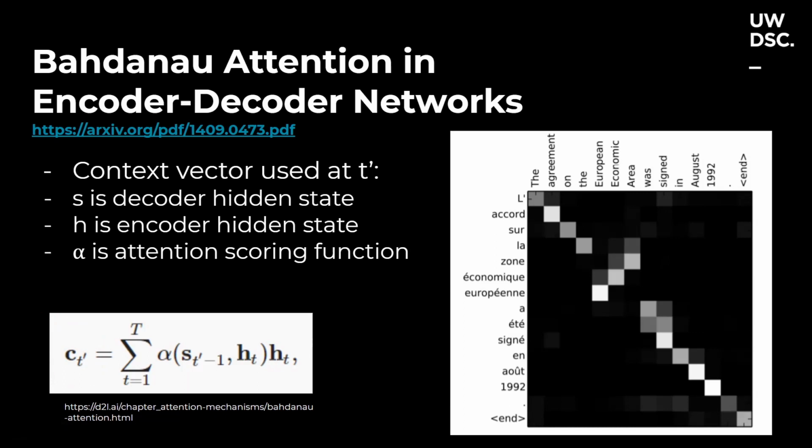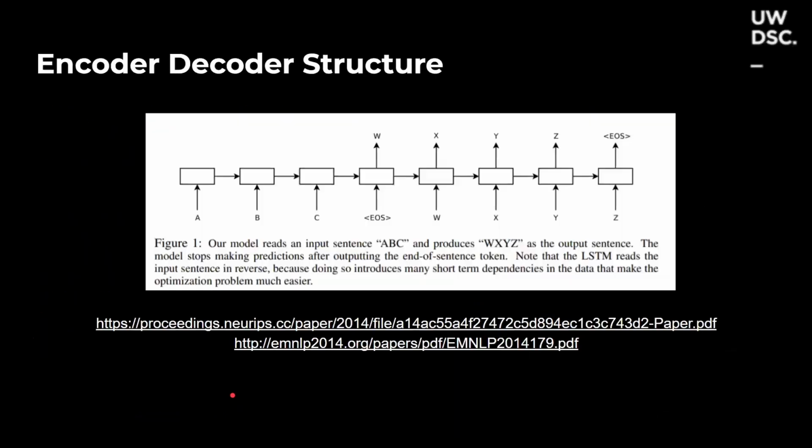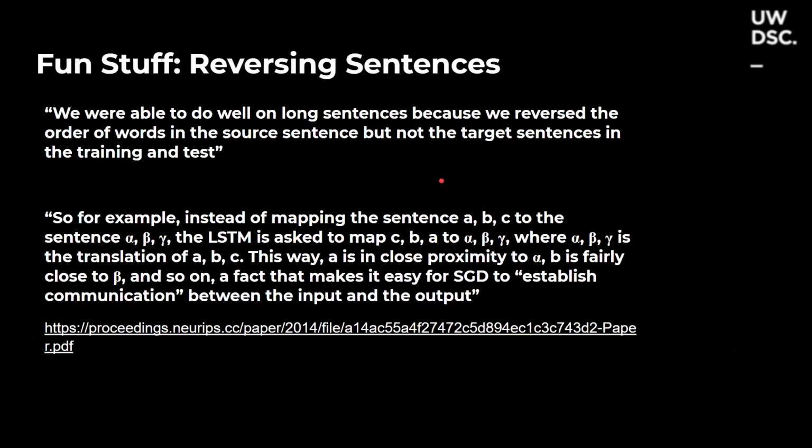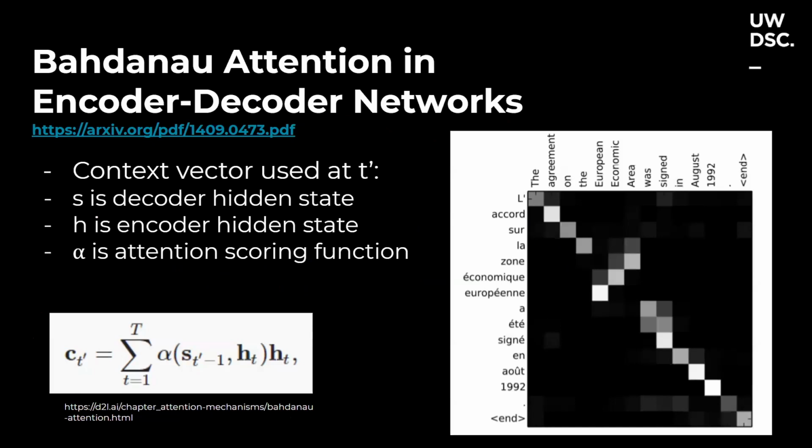So instead of the context vector feeding into this block directly, they would have arrows going from here to here, and they would have an attention mechanism here before they feed it into the decoder block. And that helps with identifying which words in the sentence are important when you're at a certain output state.